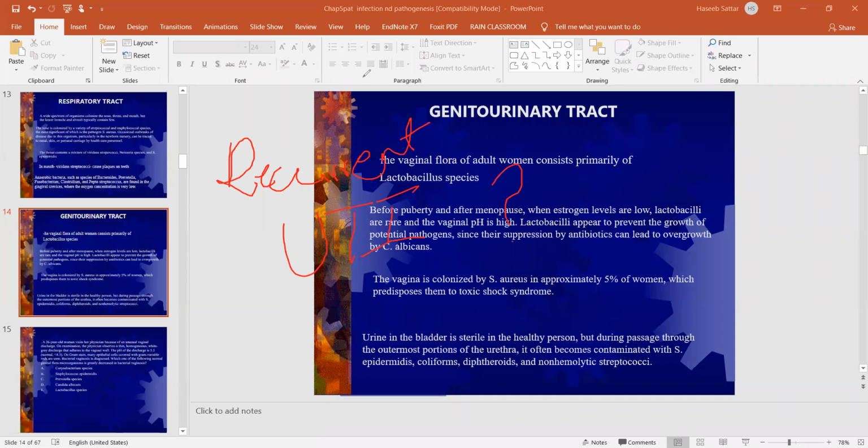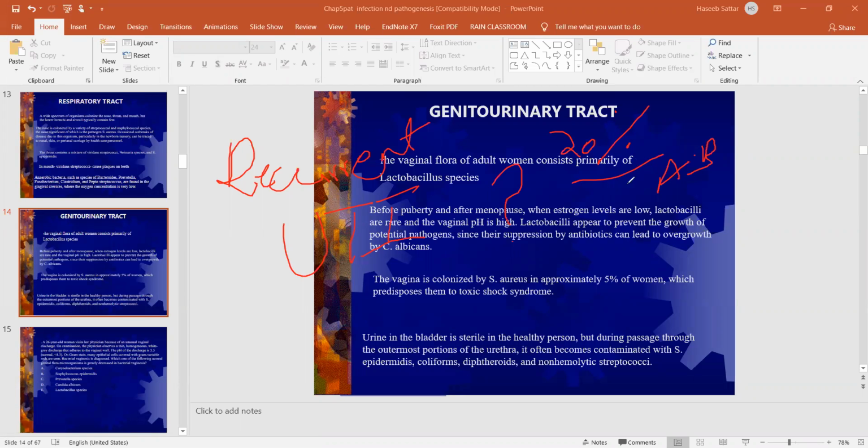The anatomical reason for recurrent UTI is, you remember we have discussed that 20% of the feces is composed of anaerobic bacteria. Yesterday we discussed feces.